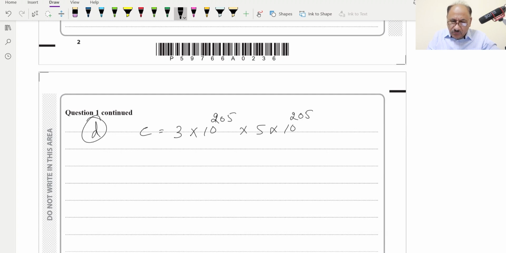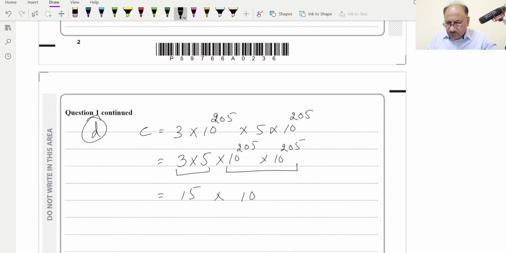So what we can do, we can change the sequence, like we can arrange them. 3 into 5, and 10 raised to power 205 into 10 raised to power 205. Now the bases are the same, so powers can be added and the numbers can be simply multiplied. So it will be 15 into 10 raised to power 205 plus 205, which is equal to 15 into 10 raised to power 410.